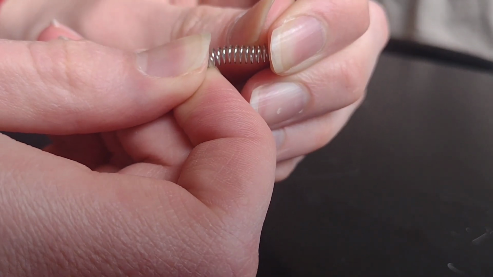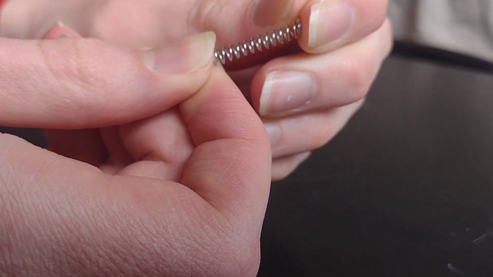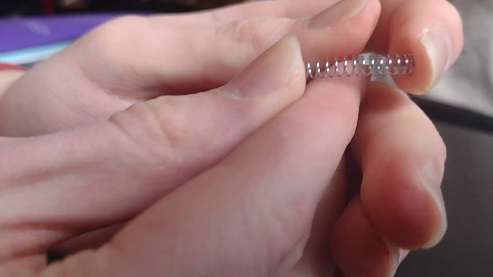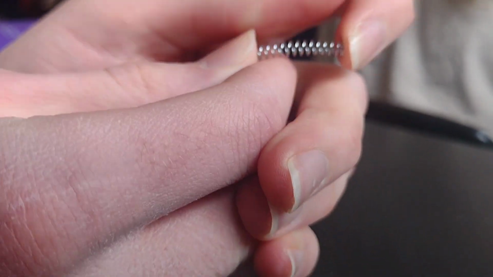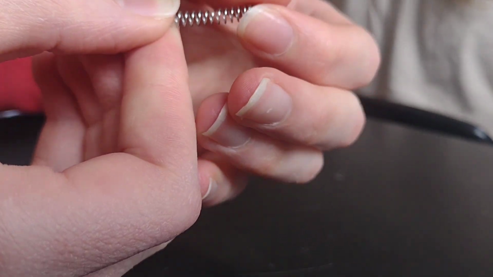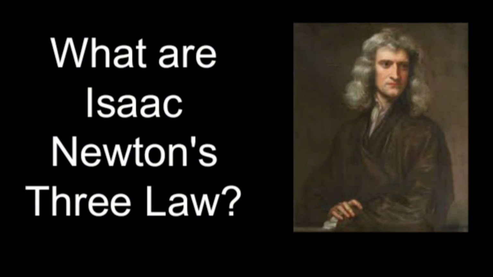As the system of interest serves as a direct indication of net force, in this case the balance or equality of two opposing forces. Congratulations, you now know Newton's three laws.